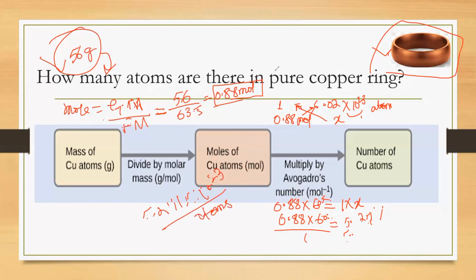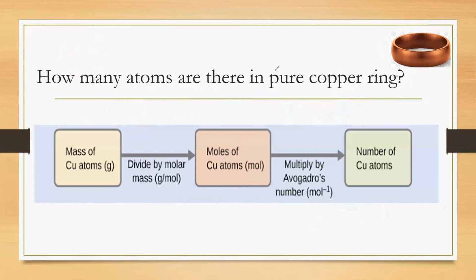So every time you calculate the number of atoms, you have to follow a few steps. First of all, if it is a pure element, you weigh it and find out the mass.